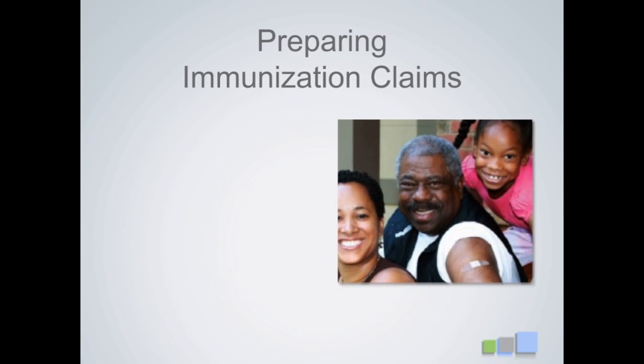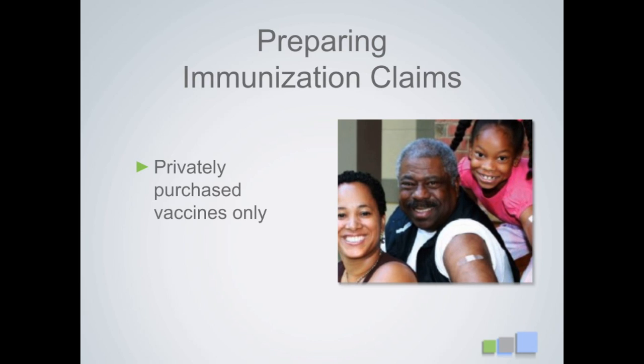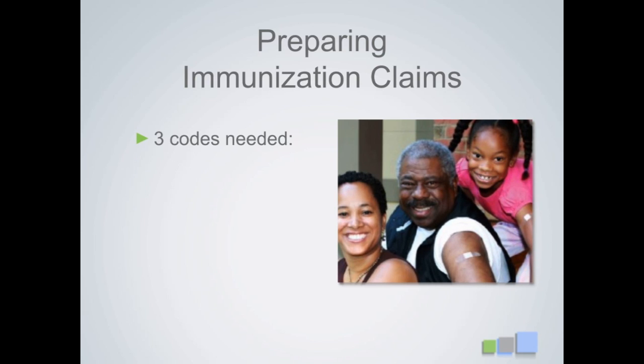There are two important things to know when billing private insurers for immunizations. First, you may only consider privately purchased vaccines at your clinic. You cannot bill for state-funded or VFC vaccines. Equally important, when you do bill for immunizations, you'll need to use 3 different codes for each vaccine.